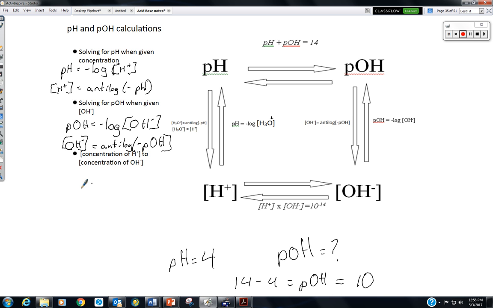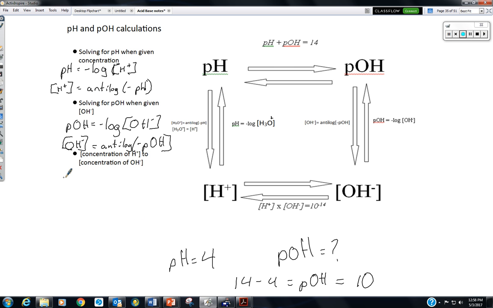Now, this last part, let's say that we want to know the pH of something, but we're given the concentration of OH. In order to solve for pH, well, we could take this path and get to pH, or we can take this path and get to pH.